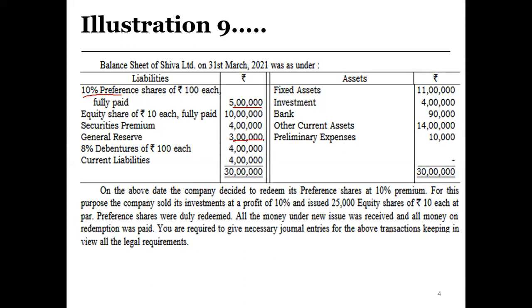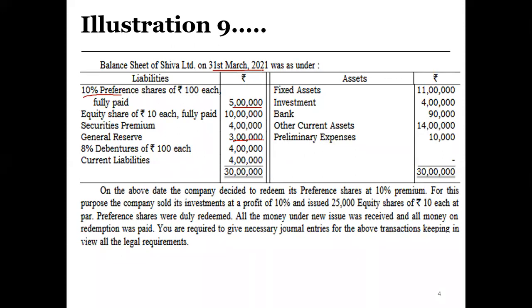On the asset side, we have fixed asset, investment of rupees 4 lakh, bank balance 90,000, other current asset, preliminary expenses 10,000. On the above date, 31st March 2021, the company decided to redeem its preference shares at 10% premium.